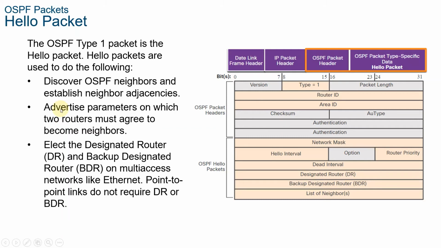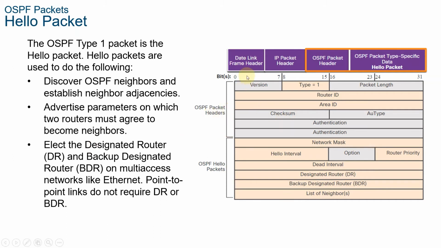They advertise parameters on which two routers must agree to become neighbors. They elect the designated router, or DR, and backup designated router, or BDR, on multi-access networks like Ethernet. Take note that point-to-point links do not require a DR or BDR.